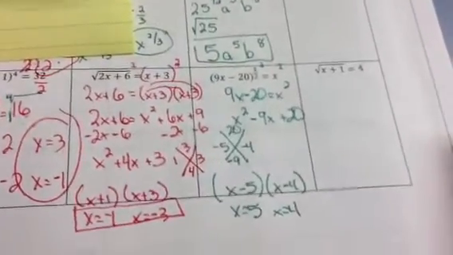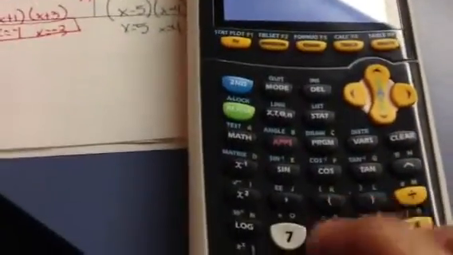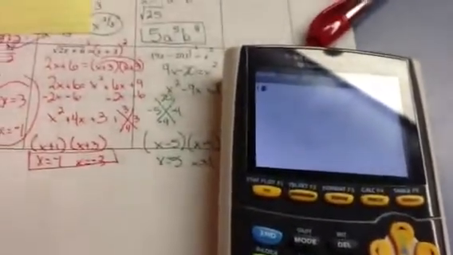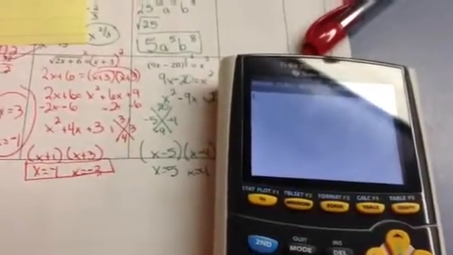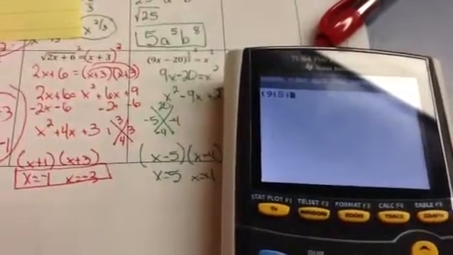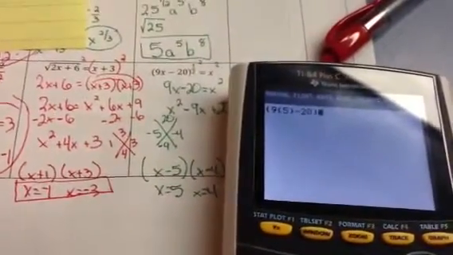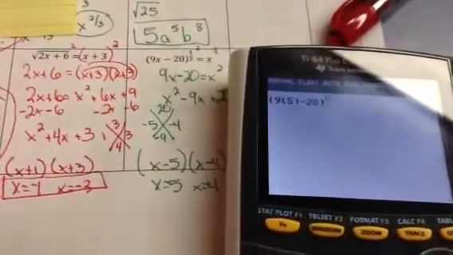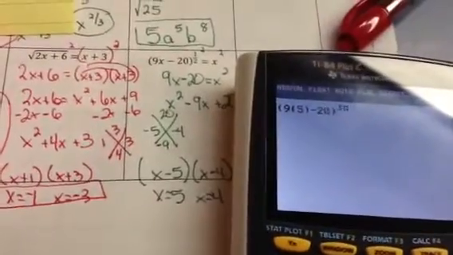So the way for any calculator is put 5 in first. Okay, so let's see. 9 times 5, and I'm just going to put the 5 in parentheses, minus 20. And then all of that's going to the 1/2 power. I'm going to use 0.5.